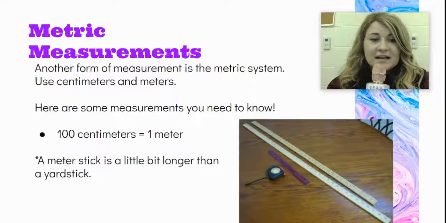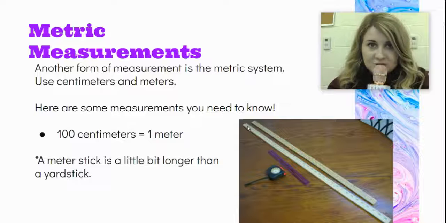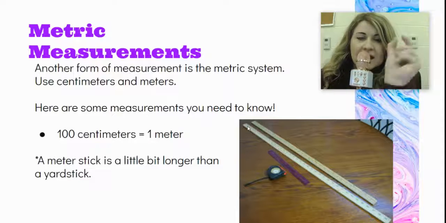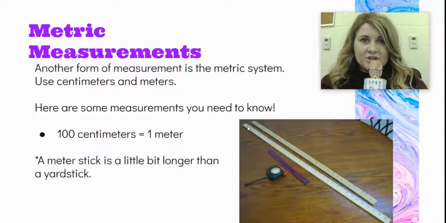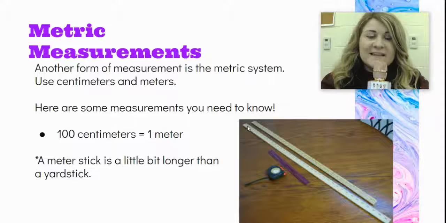A meter stick looks like this, okay? So I want you to picture how long this meter stick is. Inside of this meter stick, there are 100 centimeters. A centimeter is about this big. It is much smaller than an inch. And in a second, we're going to look at our ruler that has the centimeter side and an inch side, and you are going to see that centimeters are smaller than an inch.